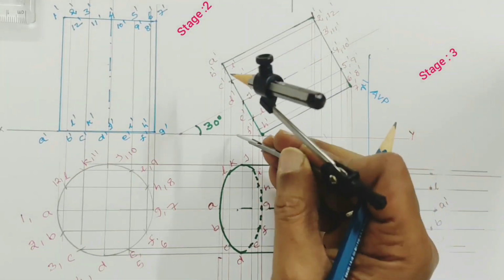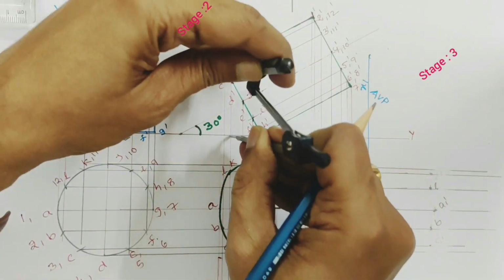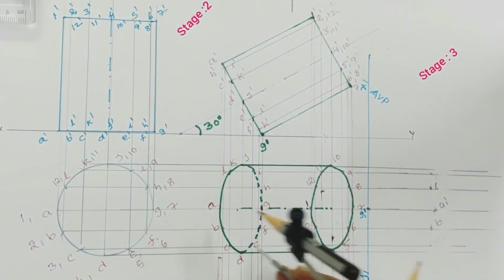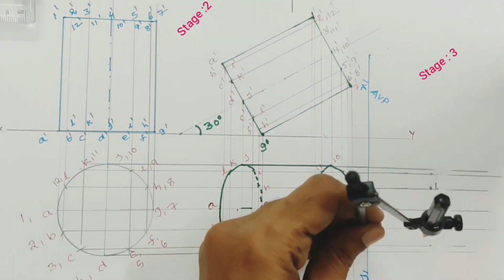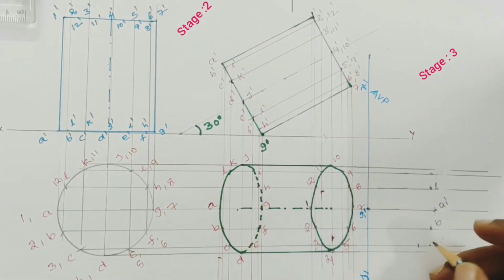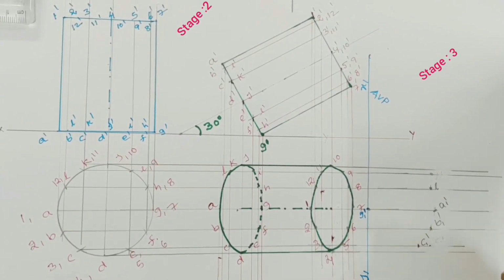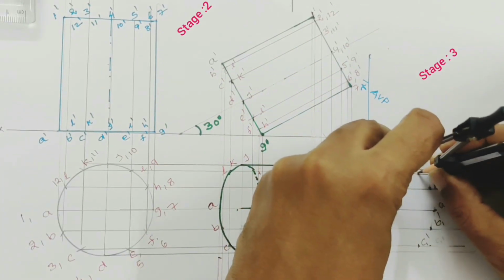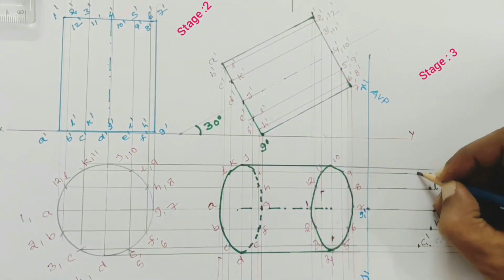Next, C and K, this distance C. From C, this is the projector going. C1 dash. Here, K1 dash.